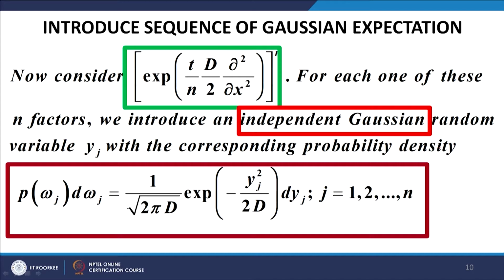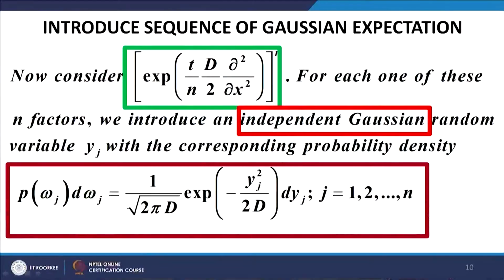To account for those n terms we have introduced n Gaussian random variables, each of which follows the distribution given in the dark red box at the bottom of your slide.